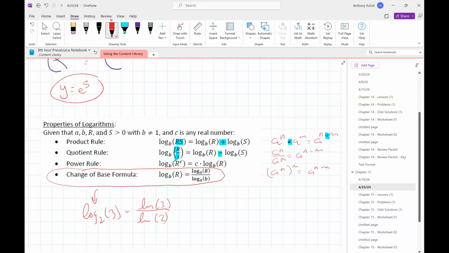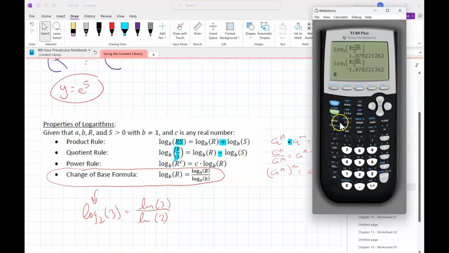What will you do? You'll take your calculator, press the math button, scroll all the way down till you get to the log base command, and then you can just type it into your calculator exactly like it looks on your sheet of paper. Note that if I do the change of base formula, and I do the natural log of 3 divided by the natural log of 2, I do get the exact same decimal.